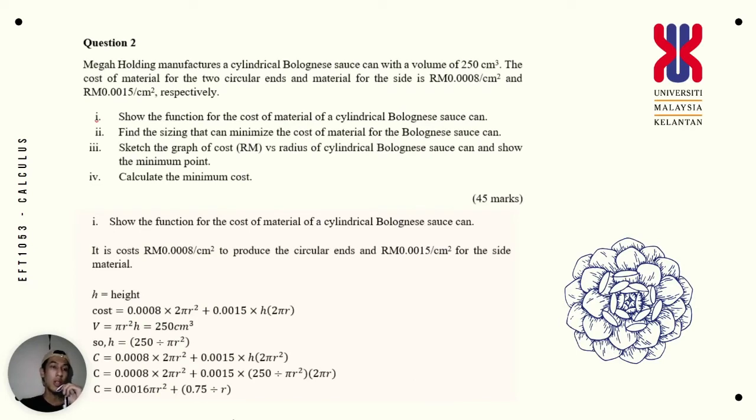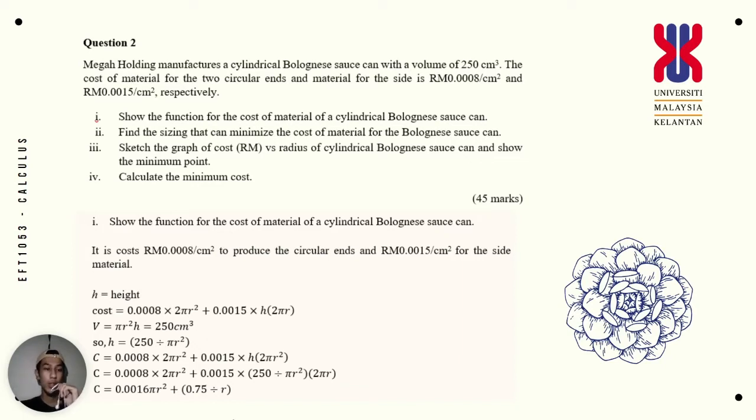Next, for question 2, Mega Holding manufactures a cylindrical bologna sauce can with a volume of 250 cm³. The cost of material for the two circular ends and the material for the side is RM 0.008 per cm² and RM 0.0015 per cm² respectively.